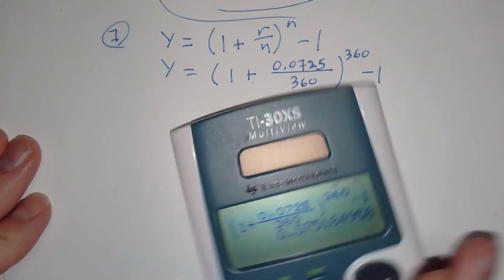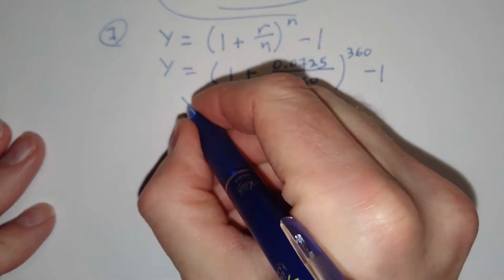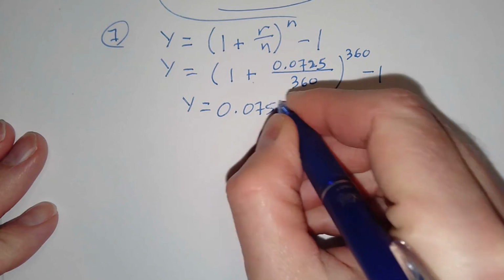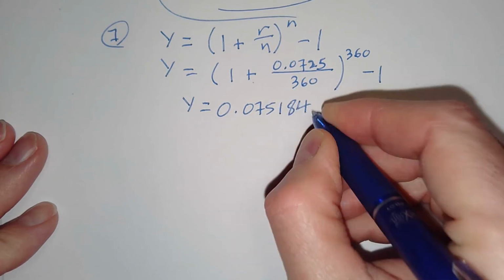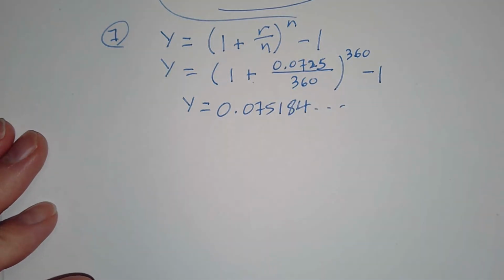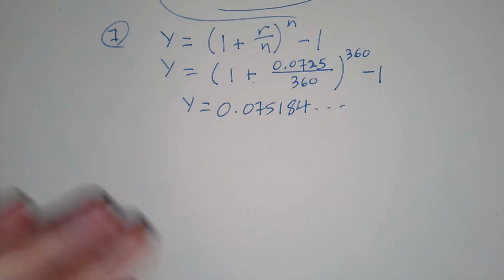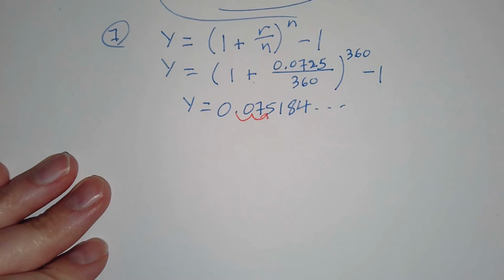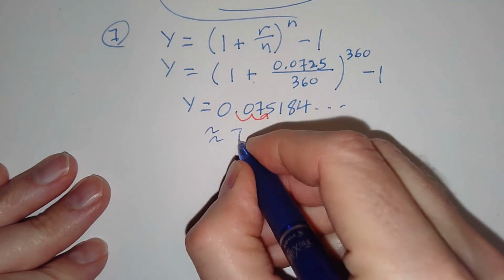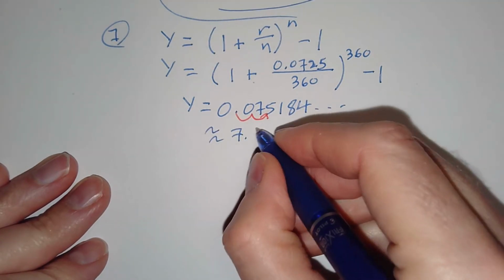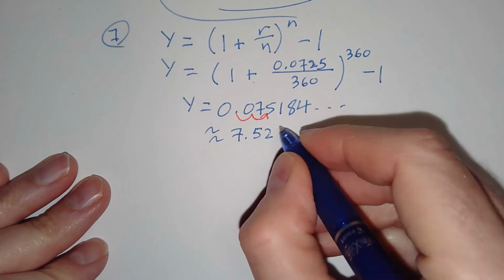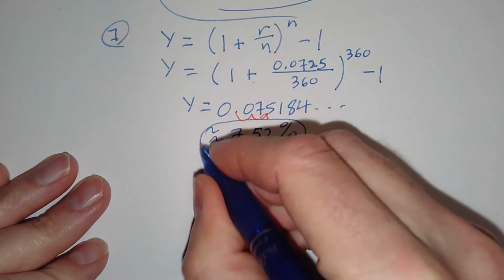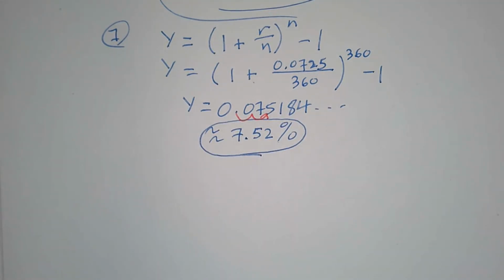All right, so let's write that number down. We're going to slide our decimal point over 2 places. And then we're going to round that off. So that becomes 7.52%. And so that would be our answer.